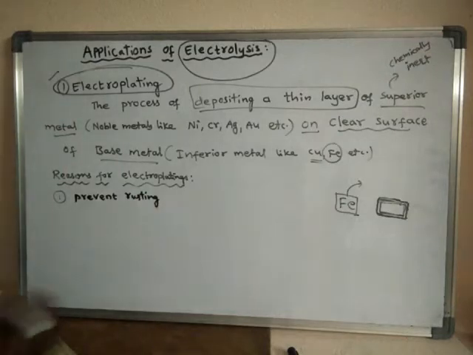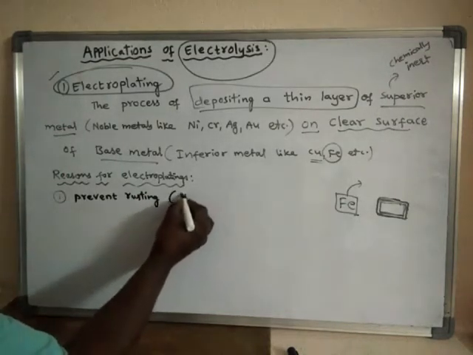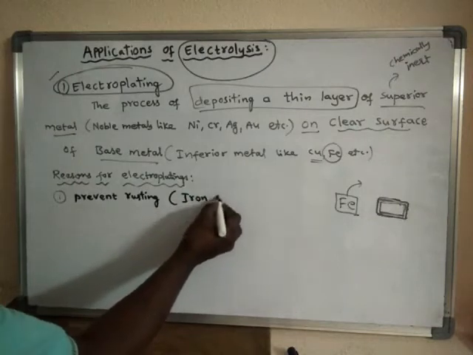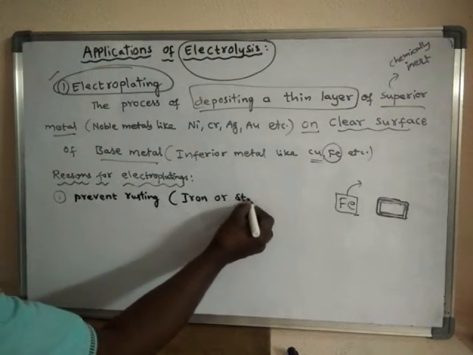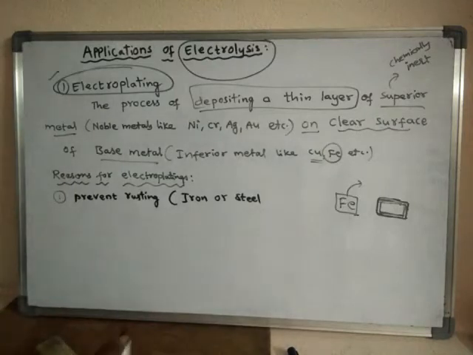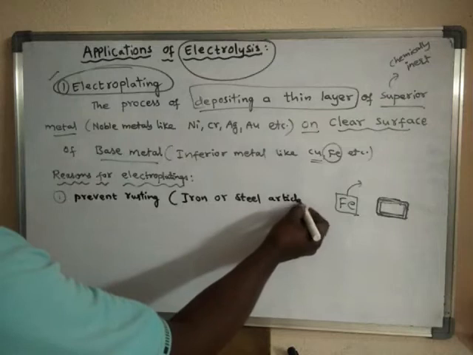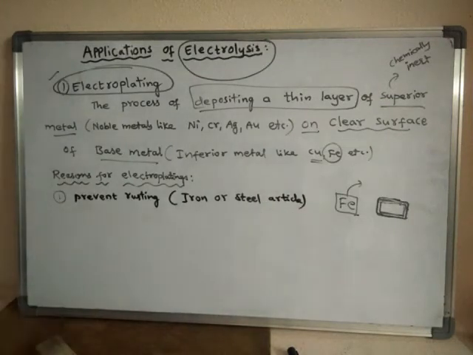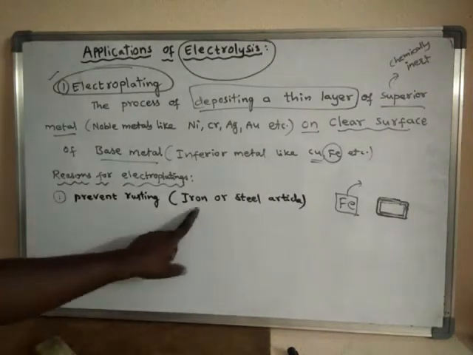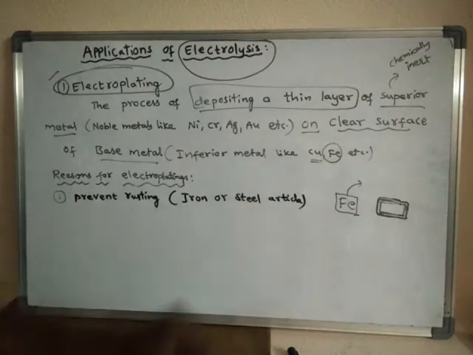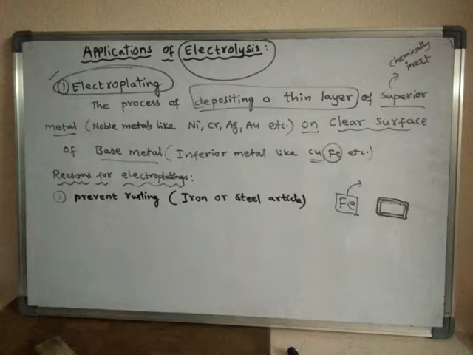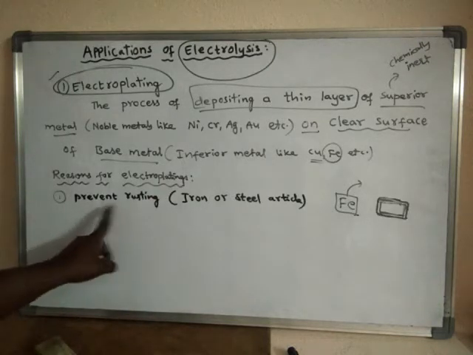Generally rusting is related to iron or steel articles. Iron or steel articles will undergo rusting in general. That is why in the iron industry or steel industry, this electroplating technique is used in order to prevent rusting.